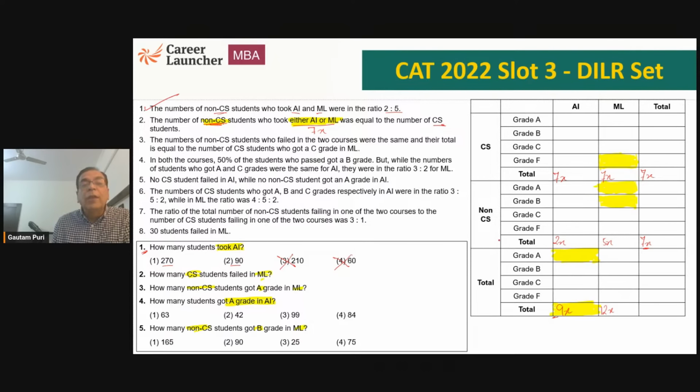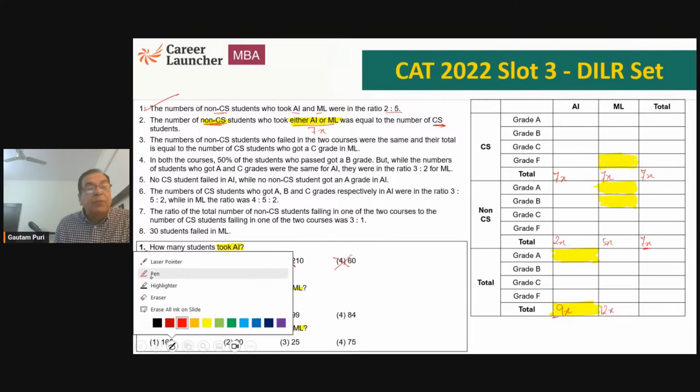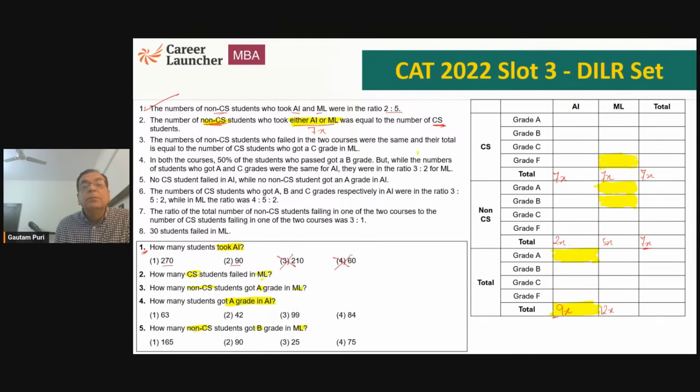The number of non-CS students who have taken AI is 2x, who have taken ML is 5x, so total is 7x. So this has to be 7x, was equal to the number of CS students. So he's saying the total number of CS students and non-CS students is the same. Okay. So Arya, I hope this clears the statement for you. Great. So Arya is clear.